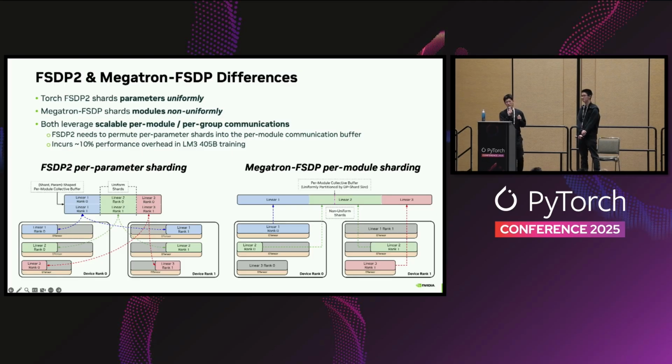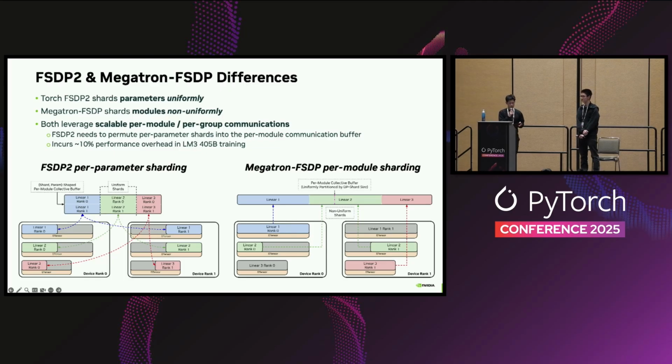But in Megatron-FSDP, we shard the entire parameter set within a module in a non-uniform way. We basically flatten all the parameters in the module and then shard. This is more like how FSDP1 did it, but we chose this option because it is more performance efficient.